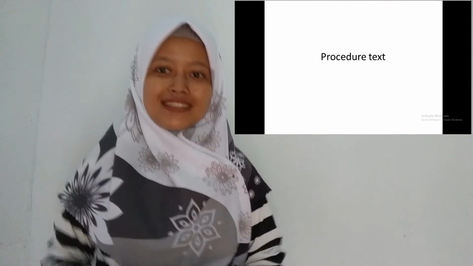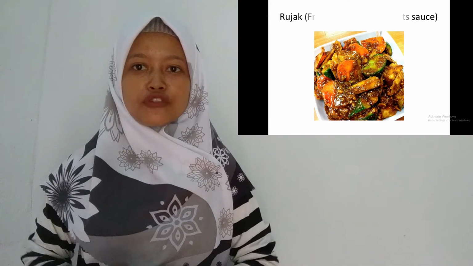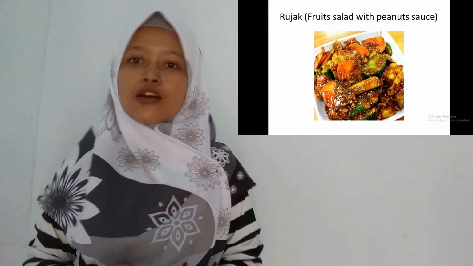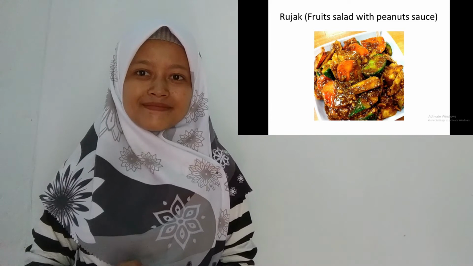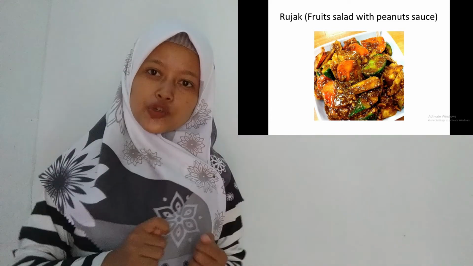Then I'll show you a picture of food. As you can see, this is one of the traditional foods in Indonesia and very famous for us. What is this? That's right, it is rujak, or in English we call it fruit salad with peanut sauce. Or in Indonesia it's called rujak.